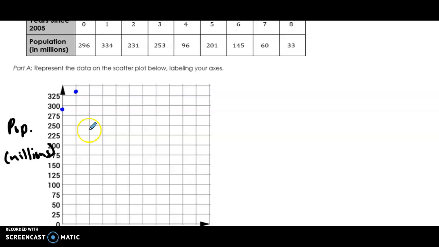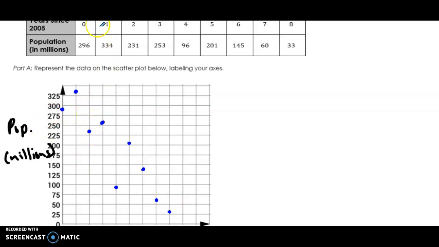Next year it goes down to 231, 253, 96, 201, 145, 60, and the last one is 33.